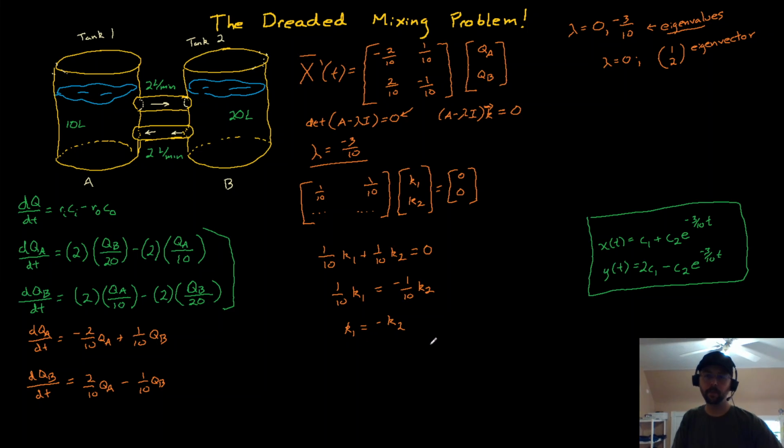So let's try plugging in a 1 for k2. Let's write that up here. So we have lambda equals -3/10. That's our eigenvalue, and our associated eigenvector is going to be, let's plug in a 1 for k2, and we get a -1 for k1. This is our eigenvector.